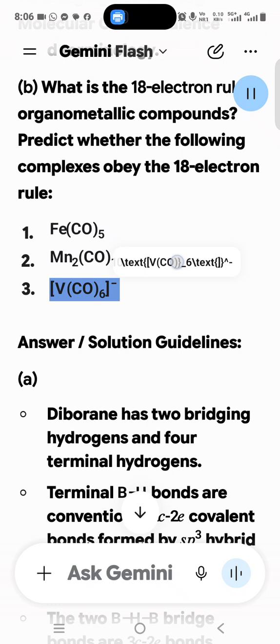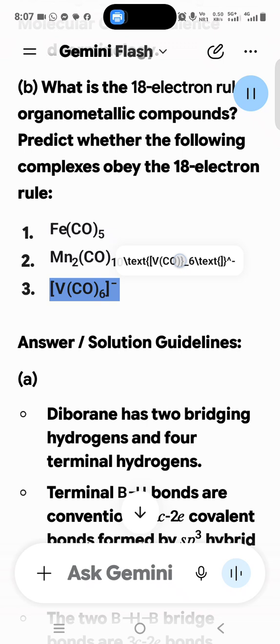B. Explain the trans effect in square planar substitution reactions using kinetic and thermodynamic trans-directing ability theories. Illustrate how you would synthesize cis and trans [Pt(NH3)2Cl2], starting from [PtCl4]²⁻.